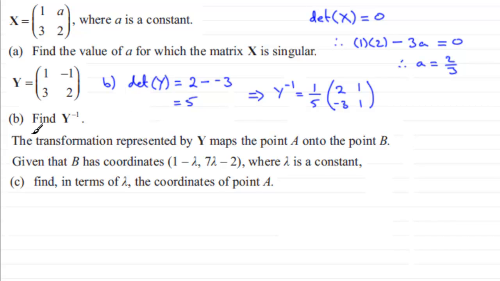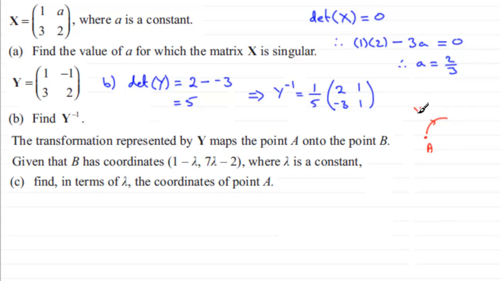Now in this last part we're told that the transformation represented by Y maps the point A onto the point B. We're given that B has these coordinates, 1 minus lambda, 7 lambda minus 2, where lambda is a constant, and we've got to find, in terms of lambda, the coordinates of the point A. So essentially we've got this point A, and we apply the matrix Y to it.